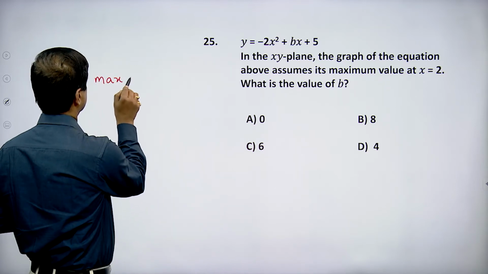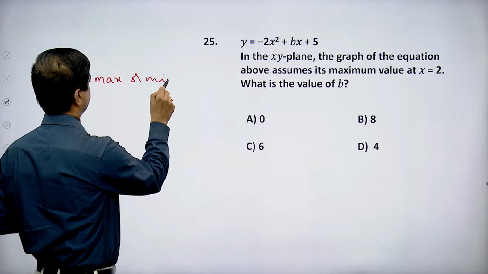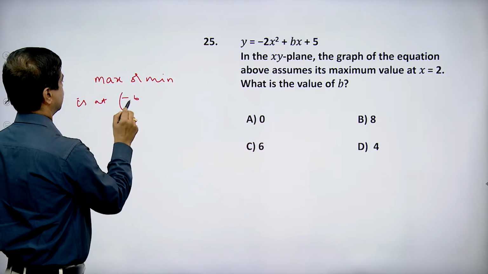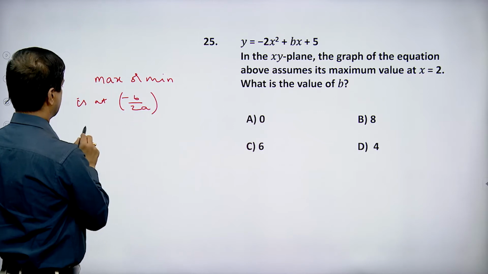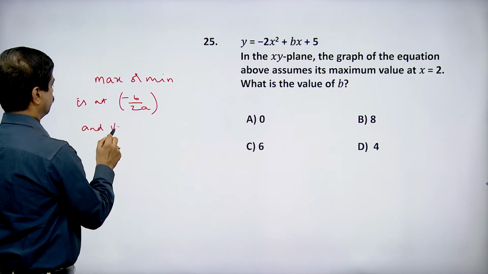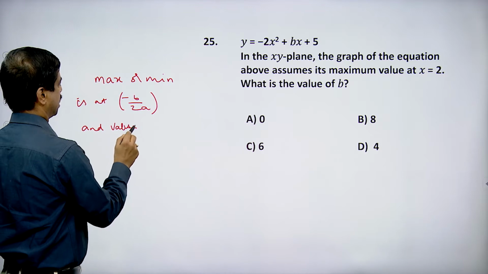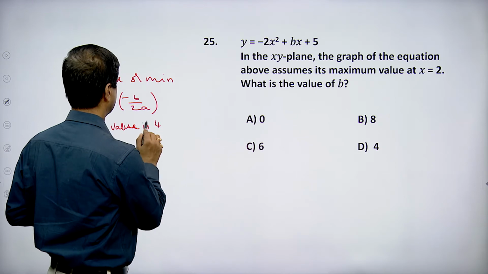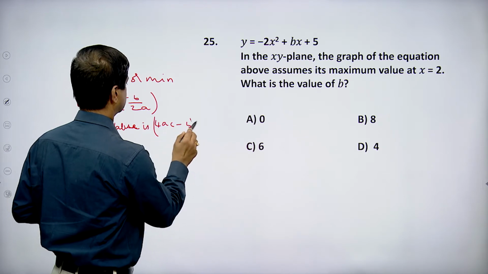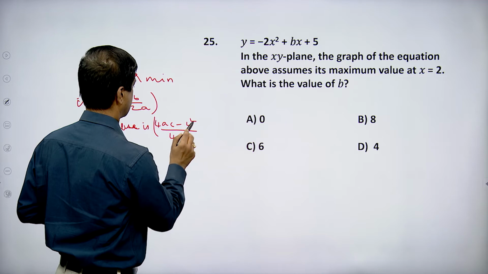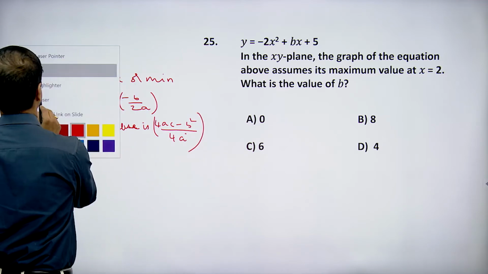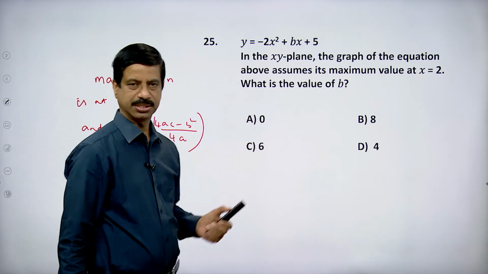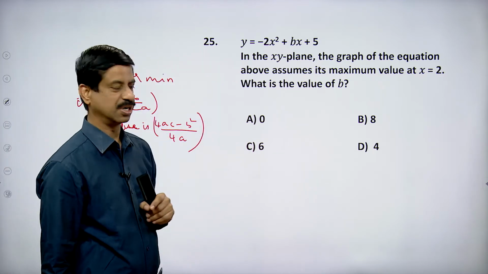If you remember our yesterday's discussion, maximum or minimum is at x equal to minus b by 2a, and the value, either maximum value or minimum value of that quadratic function, is (4ac minus b square) by 4a. This is what we have done. Please remember these things. Yesterday we have solved this and I gave you the logic, the vertex part.